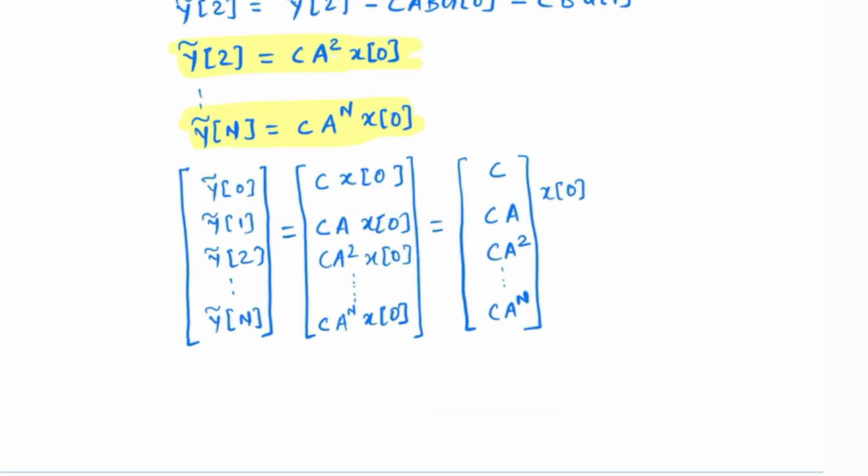So this is of the form, say, capital phi, or let's denote this as O into x naught.